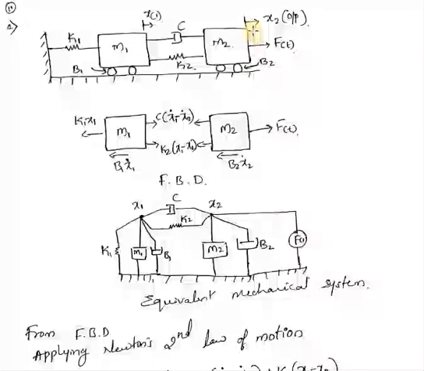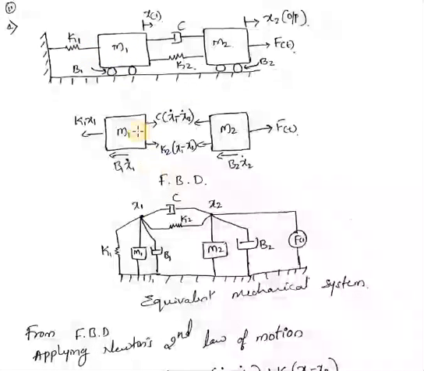Here x2 is happening on M2. C and K2 are between x1 and x2, and M1 is connected to K1.